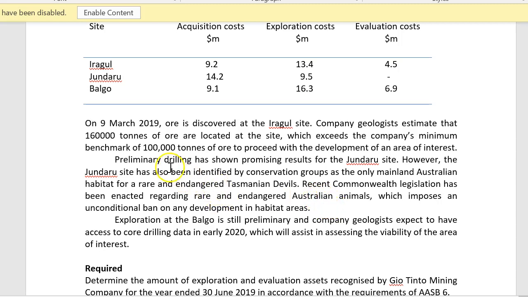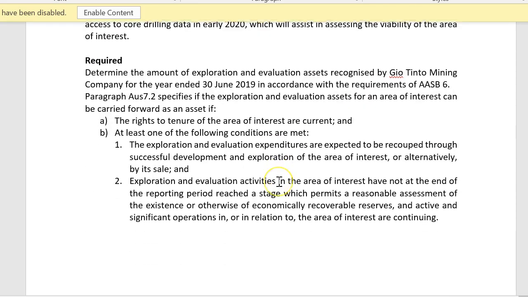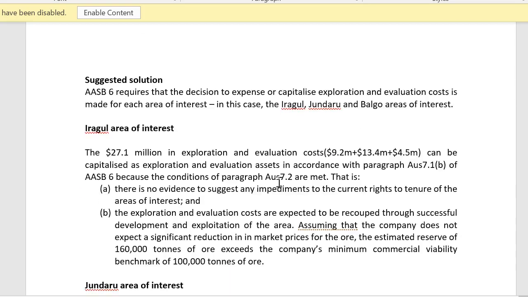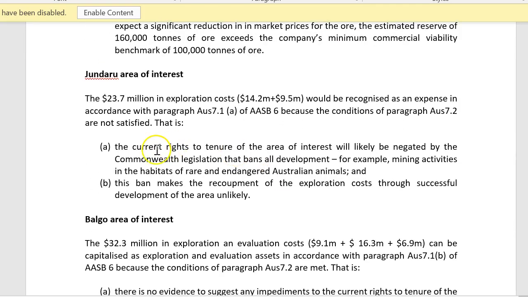So in this site, Jundaru, the government has imposed bans on mining, which means the business does not have current rights of tenure due to legal restrictions. It says rights of tenure will be negated by the Commonwealth legislation.